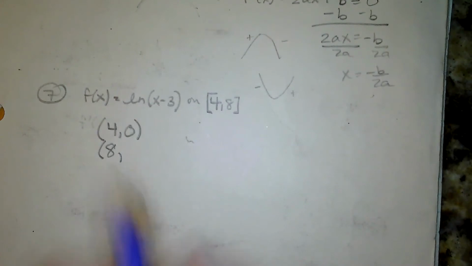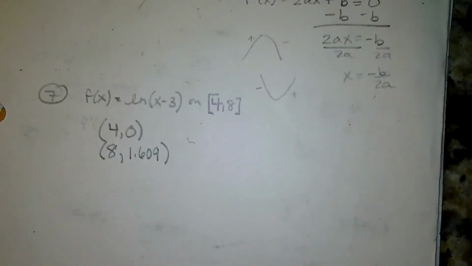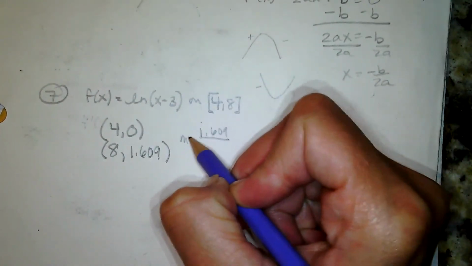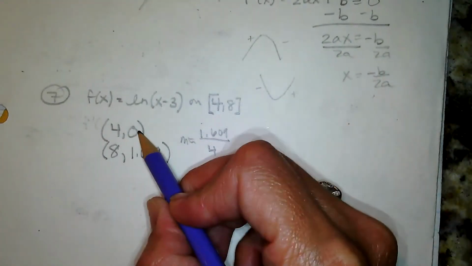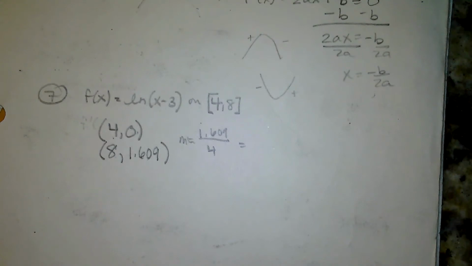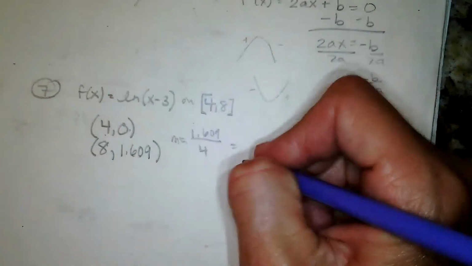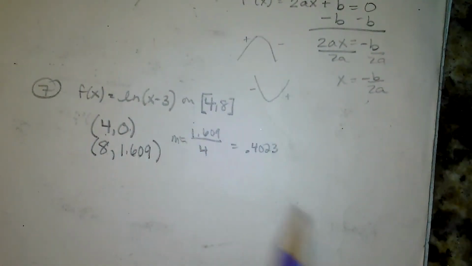Natural log of 5, 1.609. So my average rate of change is 1.609 divided by 4, y2 minus y1, x2 minus x1. So divide that by 4, and that is 0.4023.